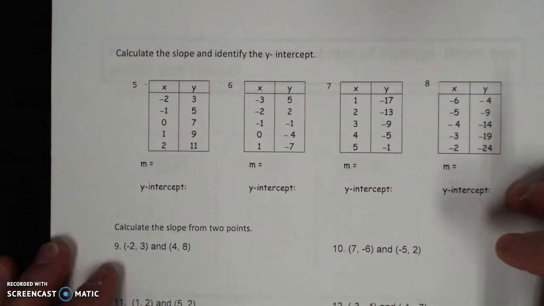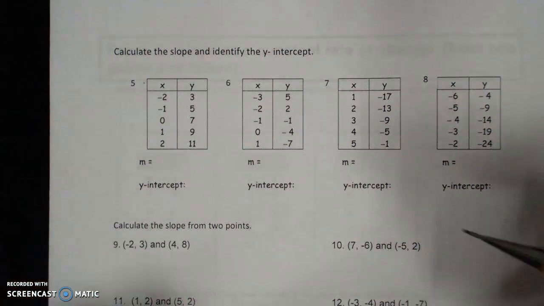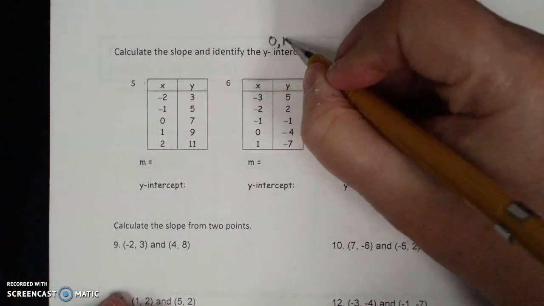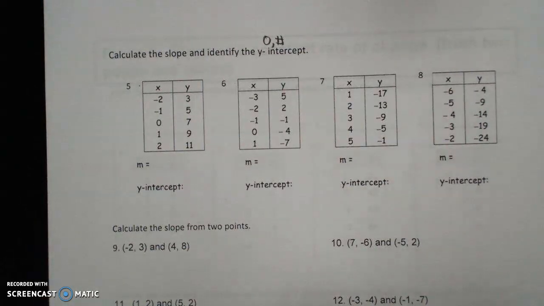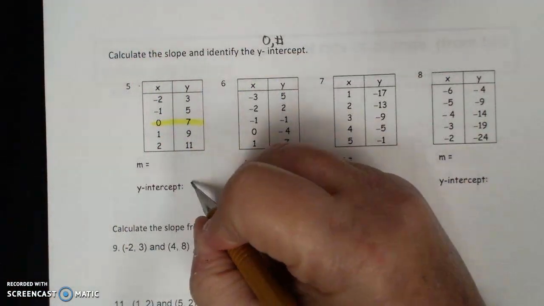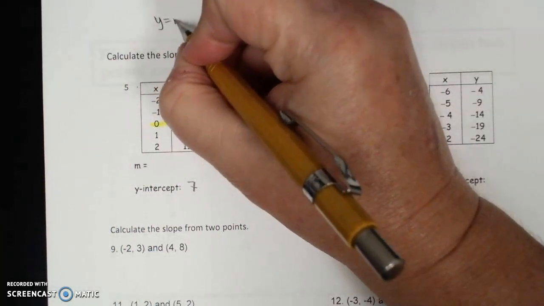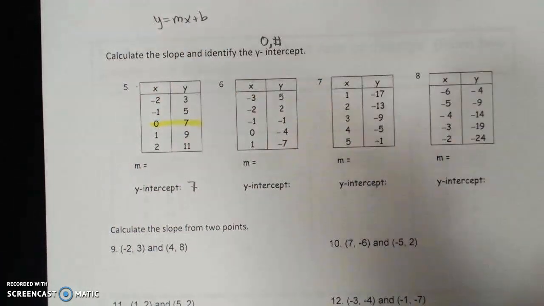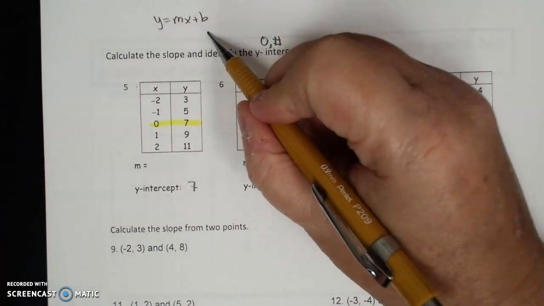So we are going to be given a table, and we're going to calculate the slope and identify the y-intercept. So remember that the y-intercept is always 0 and a number. Okay, so what I'm going to do is highlight it, and I'm going to put 7. And remember that y equals mx plus b, and that 7 is my b.